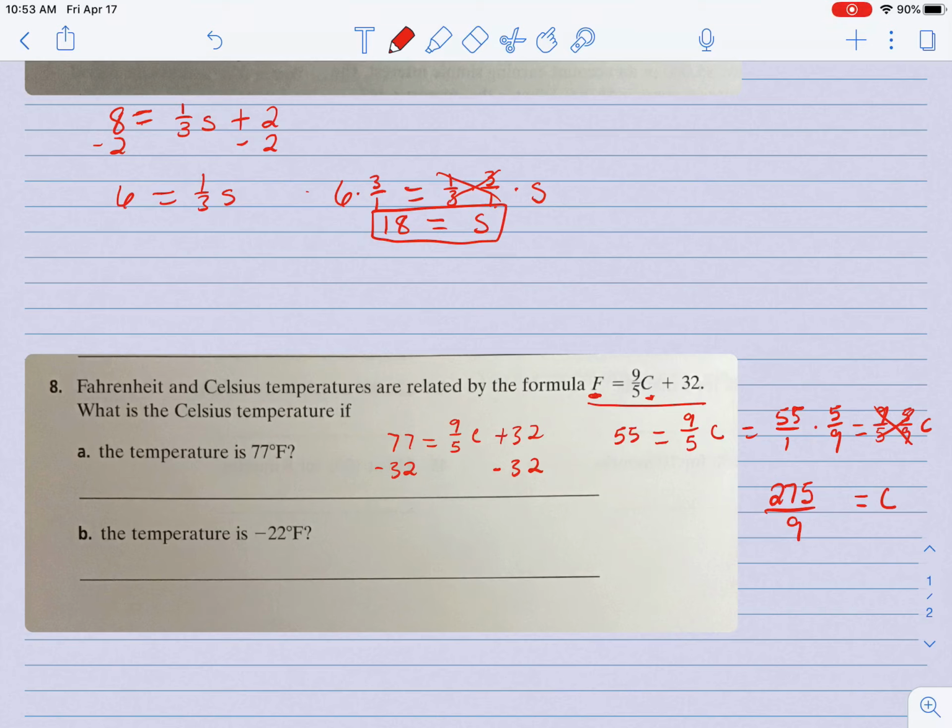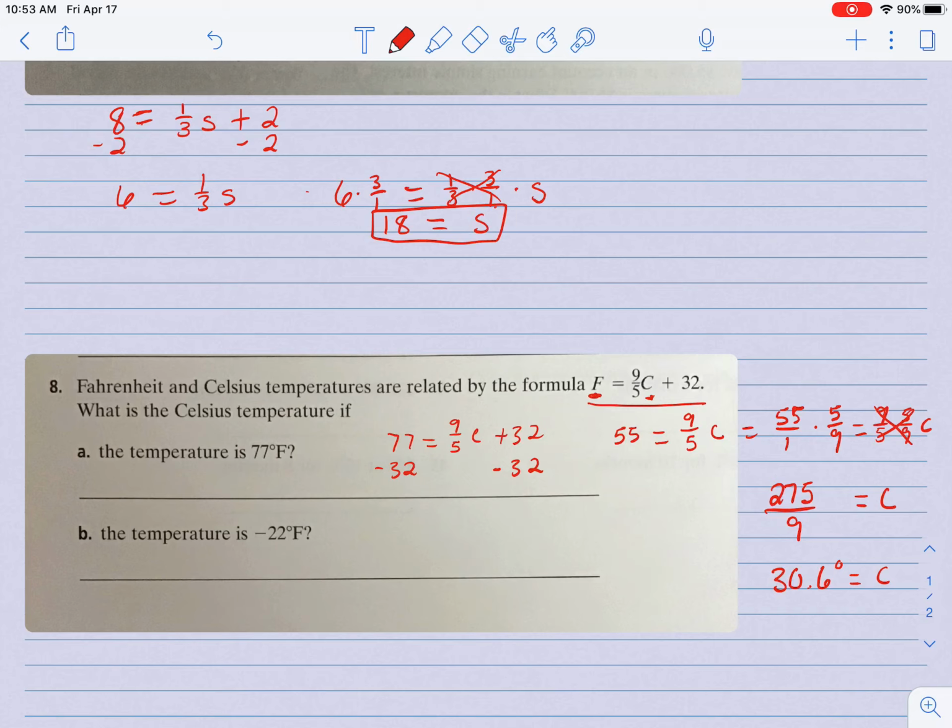Okay, and then to find out what that total equals, we just divide that by 9, and we get, I'm just going to round it, 30.6 degrees in Celsius.